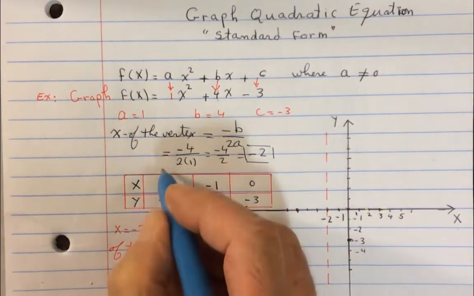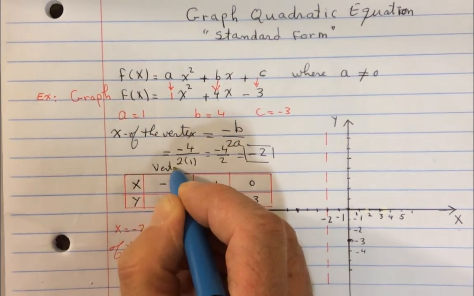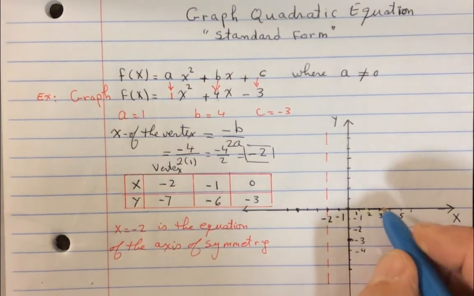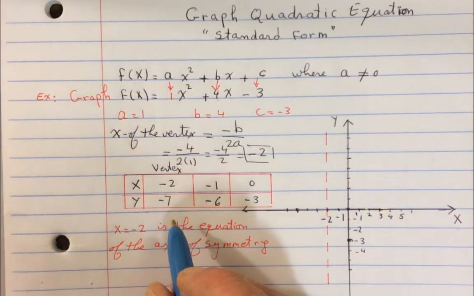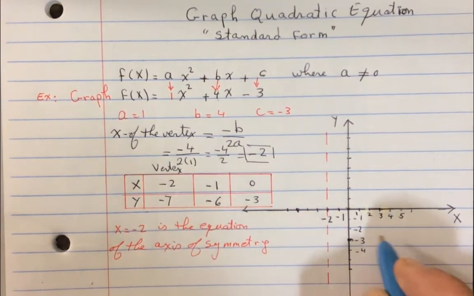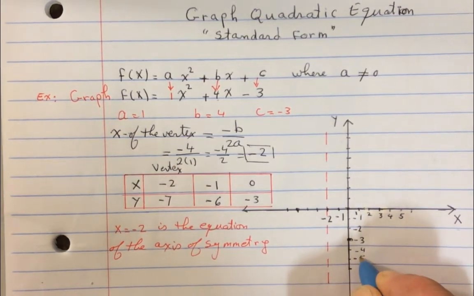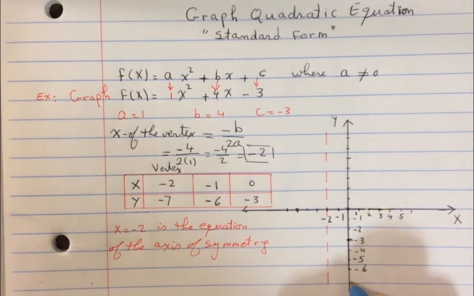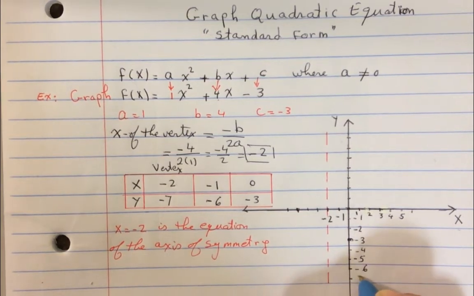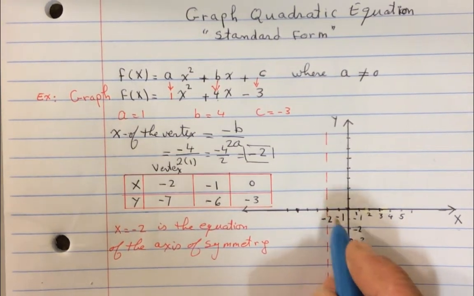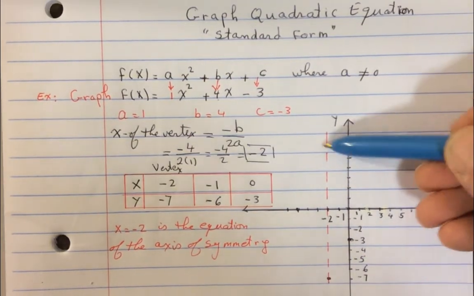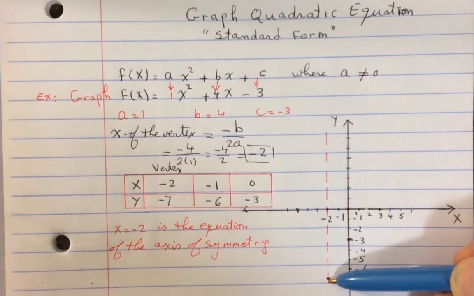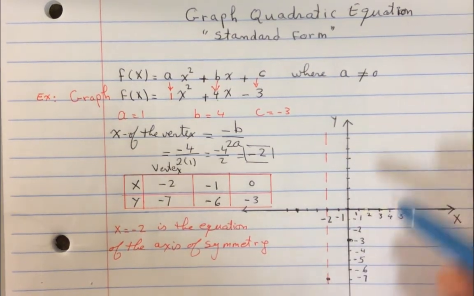Negative 2 and negative 7, that's your vertex. So at negative 2 you go down to negative 7. Negative 2 and negative 7 is your vertex, and this vertical line going through the vertex is what we call the line of symmetry.